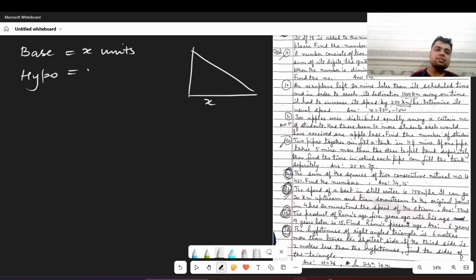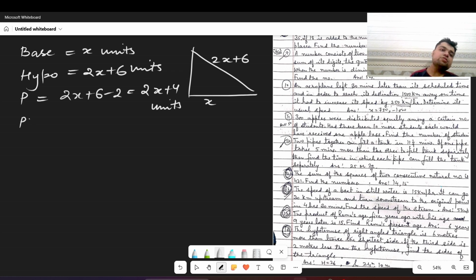So 2x plus 6. This will be 2x plus 6. And perpendicular in that case, what it will become? The third side is 2 meters less than the hypotenuse. 2 meters less means 2x plus 6 minus 2. That is 2x plus 4 units.